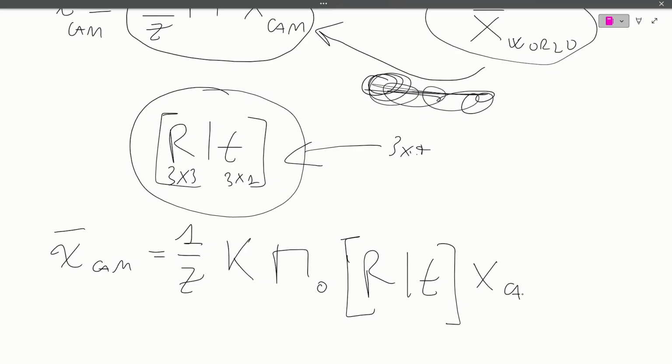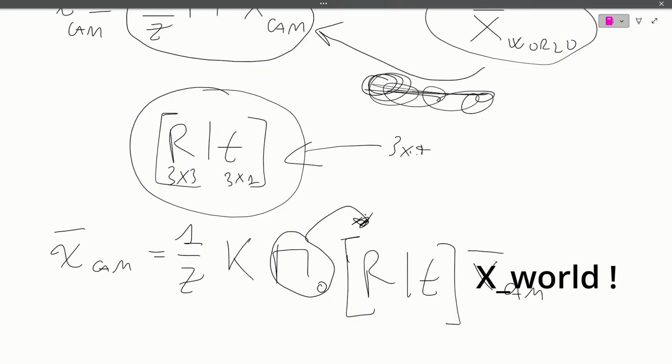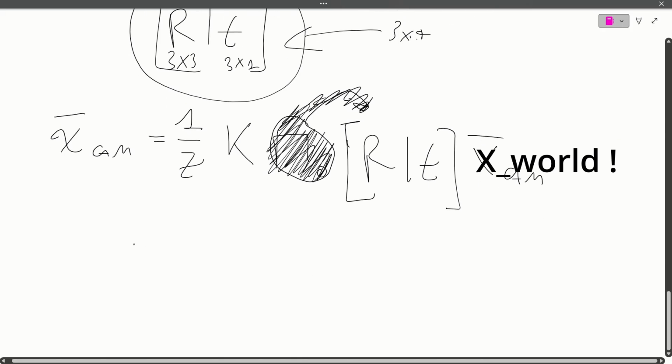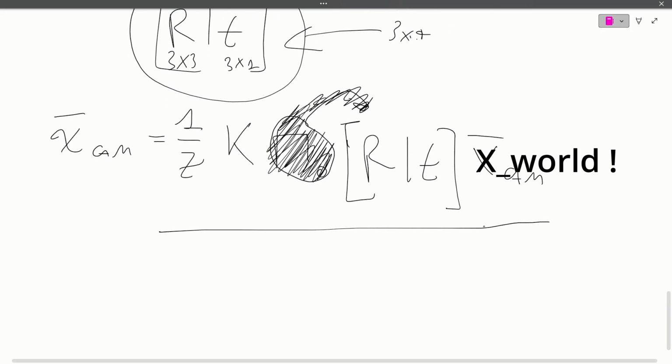But we can encode this inside the roto translation matrix. So let me delete this matrix here, and so we just remain with this equation here.